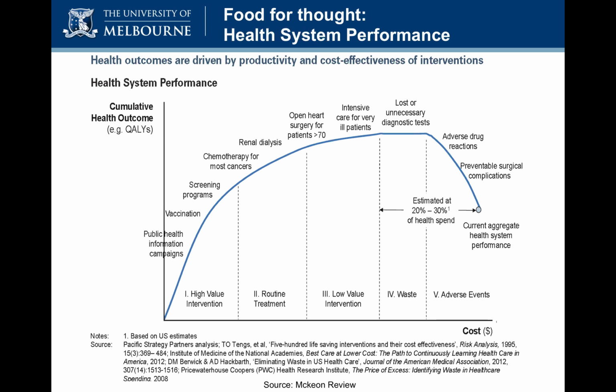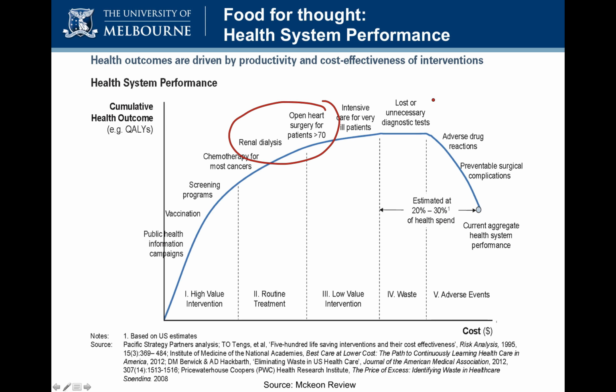People commonly regard public health interventions, often things like vaccinations, as having very high gains, producing high increases in life expectancy or quality adjusted life years. And then there's perhaps an intermediate set of interventions such as open heart surgery and renal dialysis, where you are increasing expenditure but you've got increasing gains.